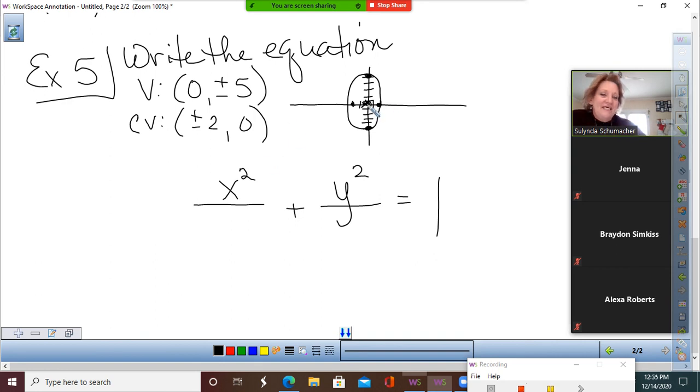My distance on the x-axis from my center to either end is 2. So underneath x, I'm just going to square that to 4. On the y-axis, from the center to either end, is 5. So I'm going to take 5 and square it, and I get 25. That's my answer on my equation.